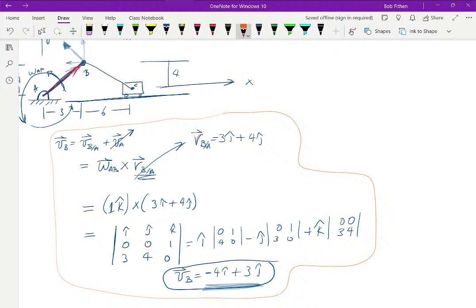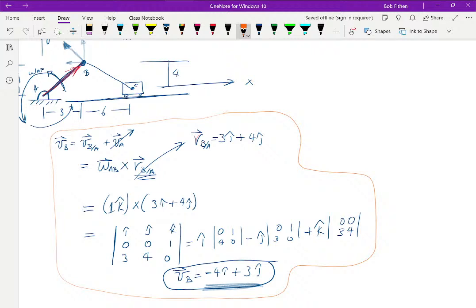Let me check. Okay, it's working. And then I'll wrap up the last phase of this.